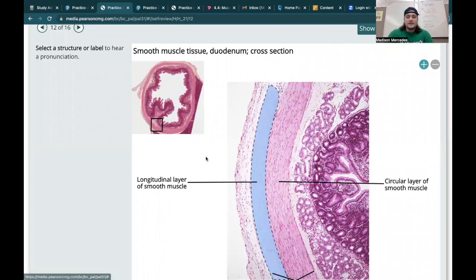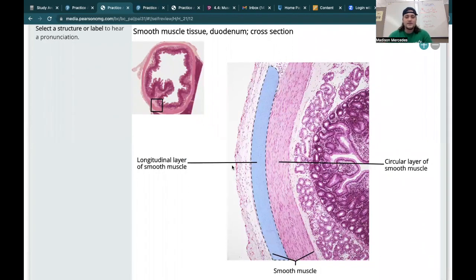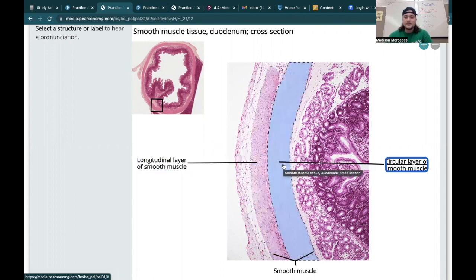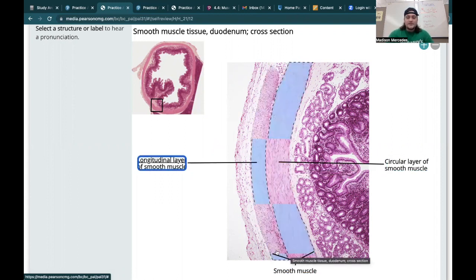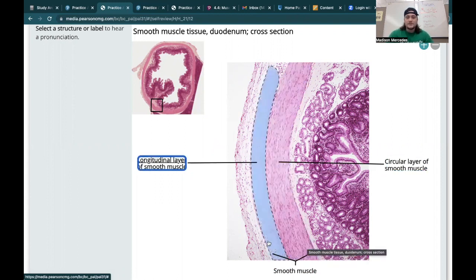Here we can see a microscopic slide of smooth muscle. Towards the left, we have the longitudinal layer of smooth muscle, and on the right here, we have the circular layer of smooth muscle. Together they form a smooth muscle tissue. As the circular layer of smooth muscle contracts and relaxes, items will move across its membrane in a smooth manner.